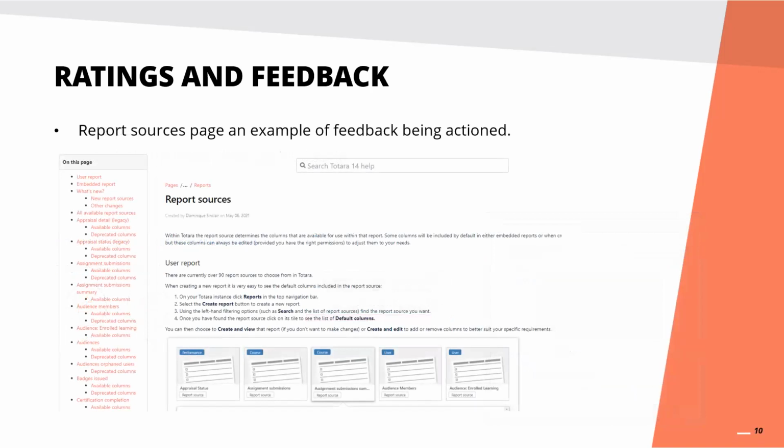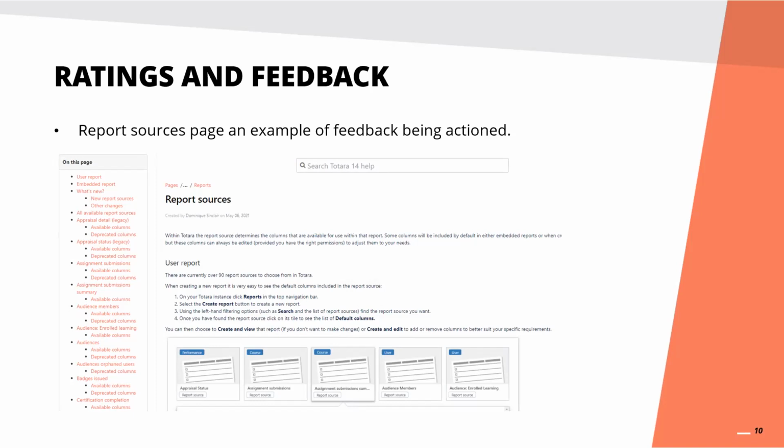So just as an example, wanted to talk briefly about the report sources page. This is an example of feedback being actioned. So within Totara help documentation, we had a report sources page for at least versions 11 and 12 of Totara Learn that detailed the available columns within every report source.